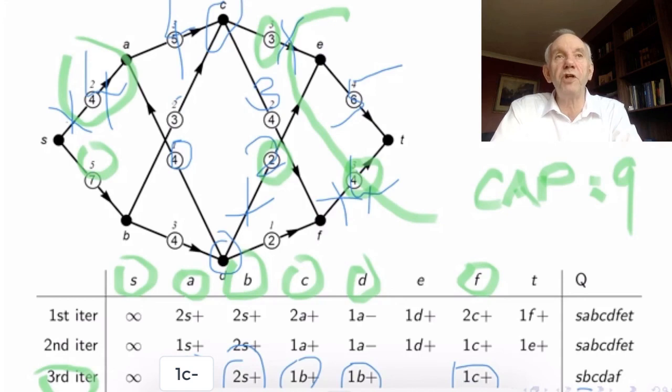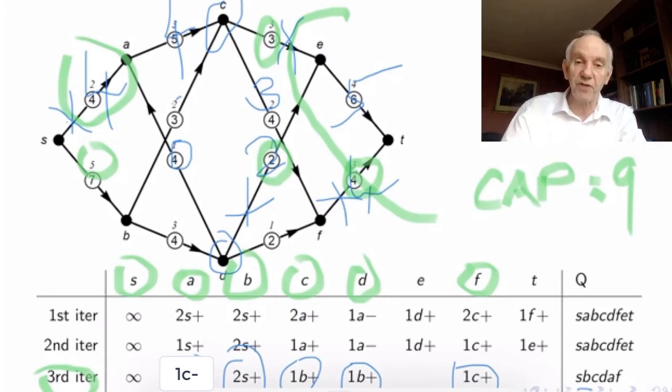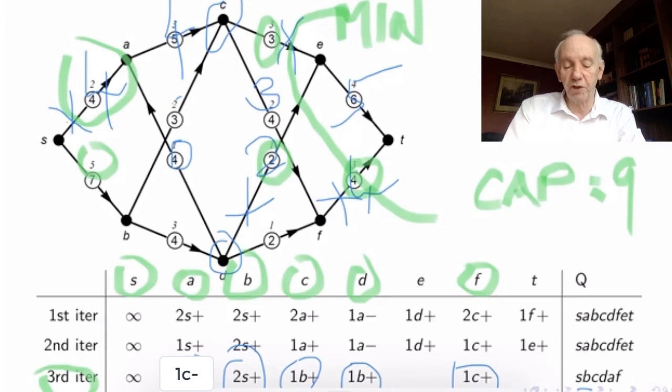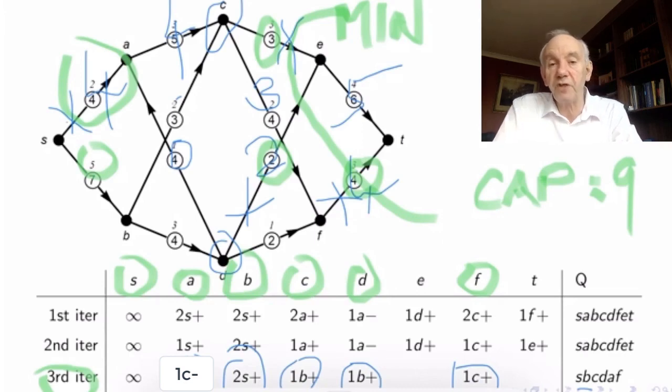If those two numbers are equal, the flow is maximum and the cut is minimum. So this is a minimum cut in which capital S is these green vertices and capital T is little e and the sink T.